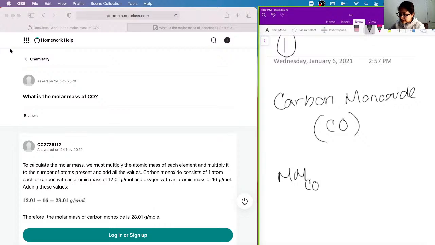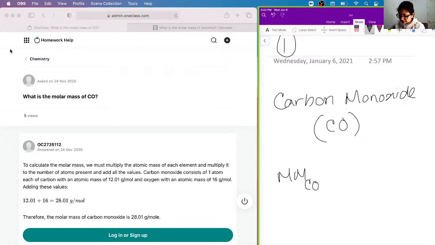As you recall, the molar mass is basically the atomic mass, but it has different units. The molar mass is basically the ratio between the mass and the moles of the given substance or compound.